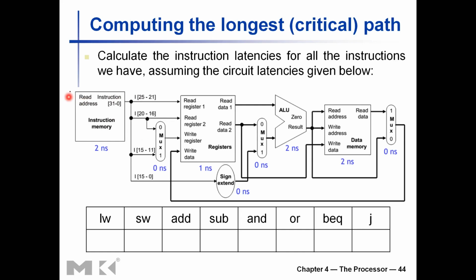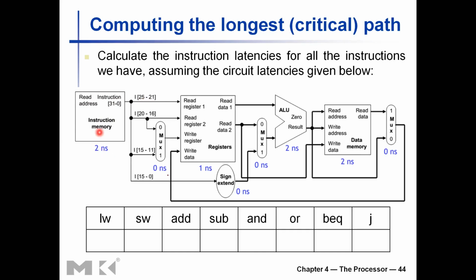Now, when the read address in the instruction memory changes from the program counter, the corresponding word from the corresponding location will be put onto this 32-bit bus, and it will take some time for that to happen and for the bus lines in the control unit to get updated. Let's assume that is around 2 nanoseconds.